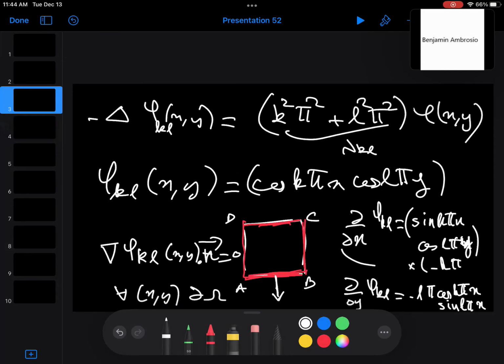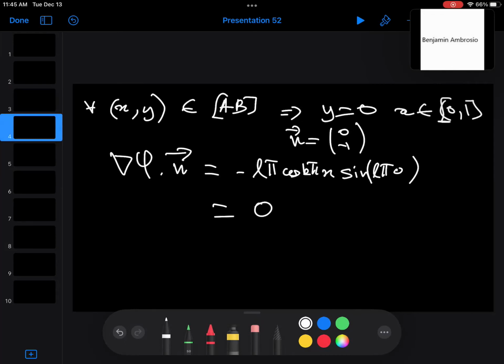I can do that for all sides of the square. So I only did the thing for AB, but we can do the same thing for all the sides of the square, and I get that the normal derivative equals 0 on the boundary of omega.